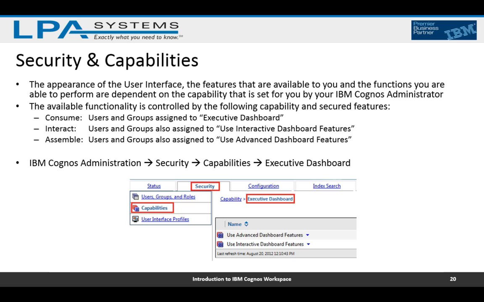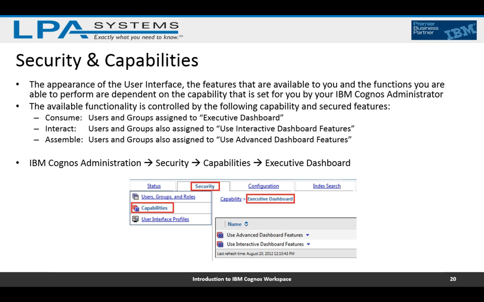Interact users have a little bit more rights inside of the workspace. They can add comments, and they can change the color palette and chart type. However, they're not able to add or delete content from the workspace. Assemblers, this is the level that I was doing the demonstration at, which is basically full rights.